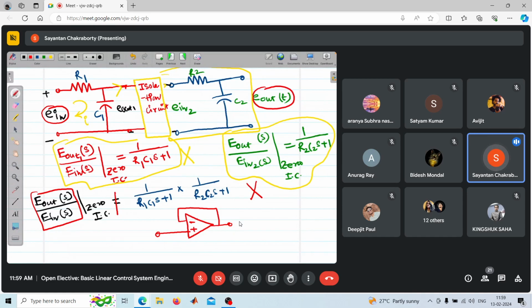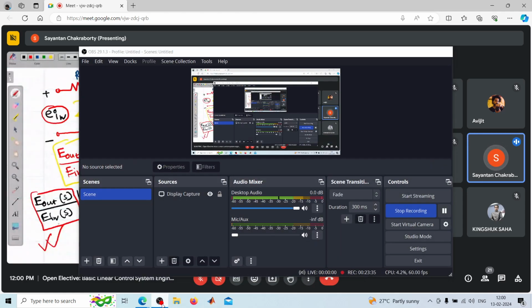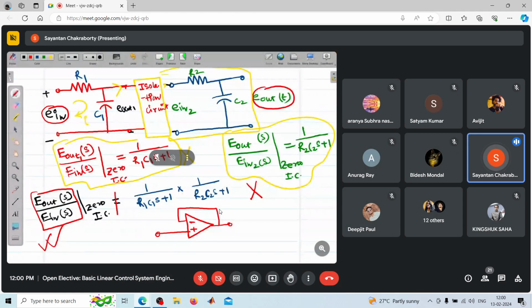Under such circumstances, since it has infinite impedance, no current will be drawn from this. So this relation will be valid because we are not violating the basic principle of obtaining a transfer function.